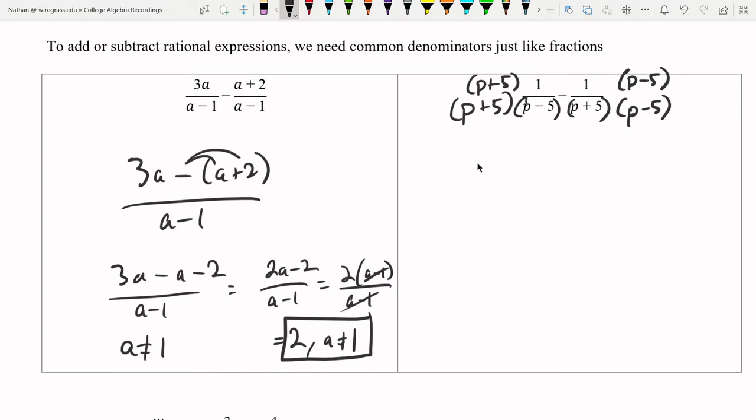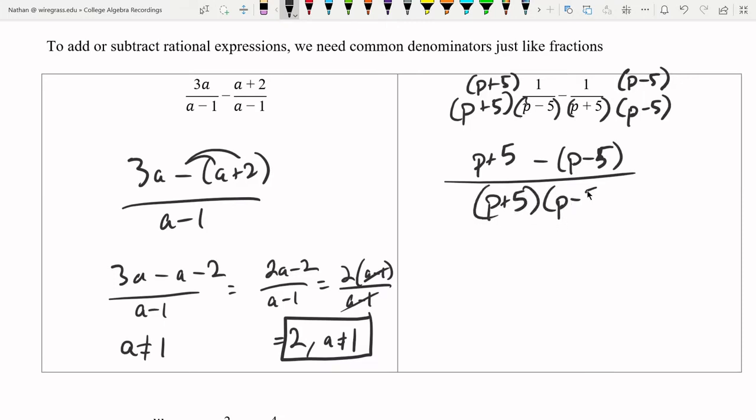Okay, for this first fraction, we get p plus 5. For the second one, we get minus p minus 5. And of course, the denominator is the same for both, p plus 5, p minus 5. So from this, we know, of course, that p cannot equal plus or minus 5. That would give us 0 in the denominator. Let's simplify.